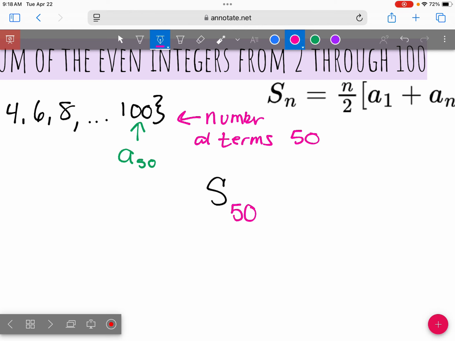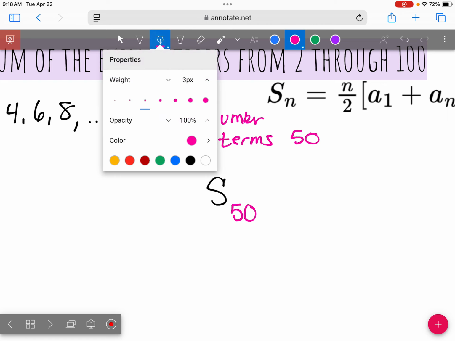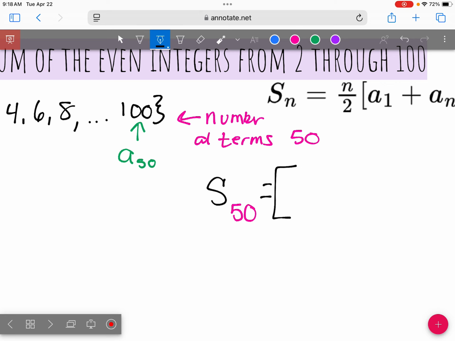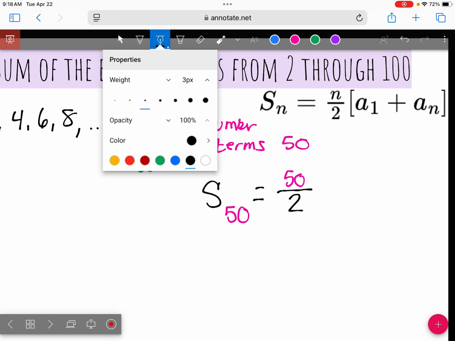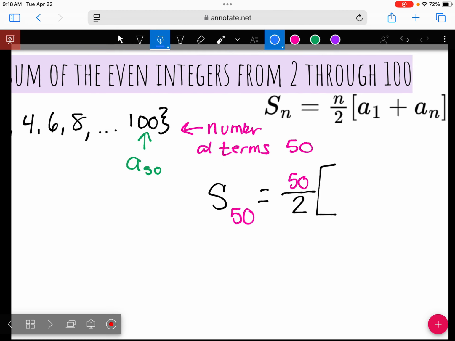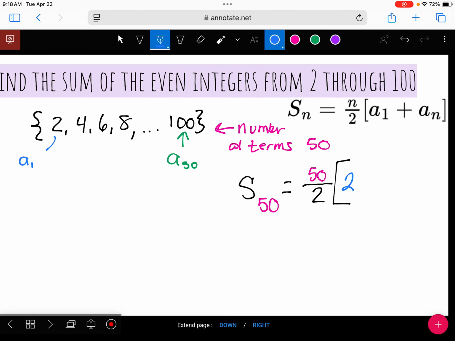So our S sub 50, finding our sum of these 50 terms. I know my first term, I know my last term. I don't have to count out every single number between 2 and 100. We can take our n over 2, so our 50 over 2, and put in our first term, which was 2, plus our last term, 100.